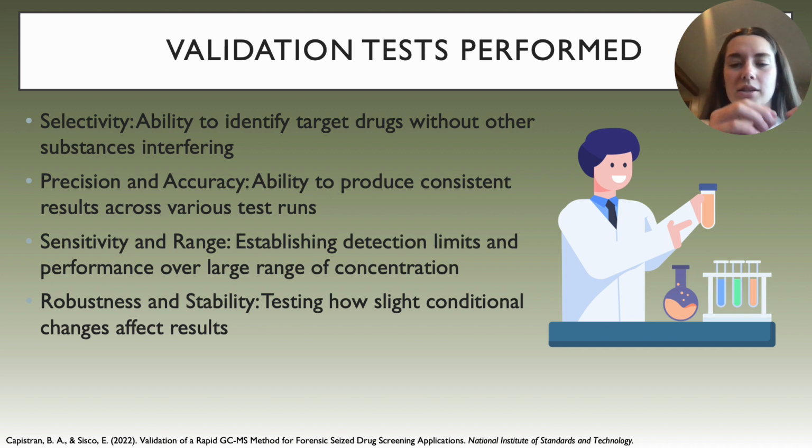So with GCMS, you usually are going to test multiple different concentrations, and you can get a concentration curve where then you can plug in your results and figure out what you have. And then robustness and stability, which is testing how slight conditional changes can affect the results.